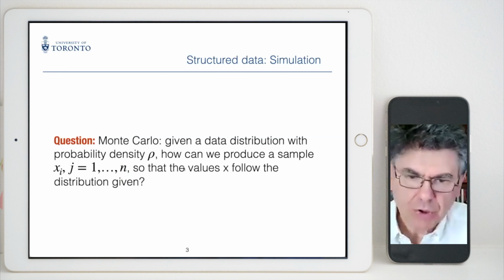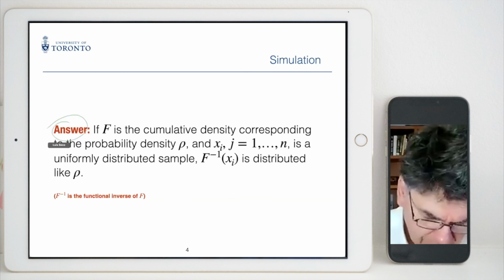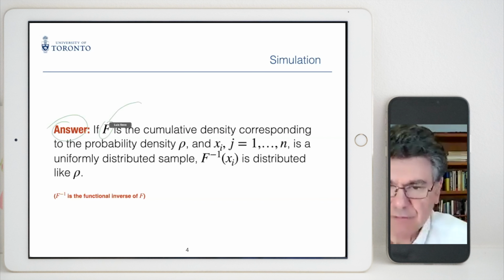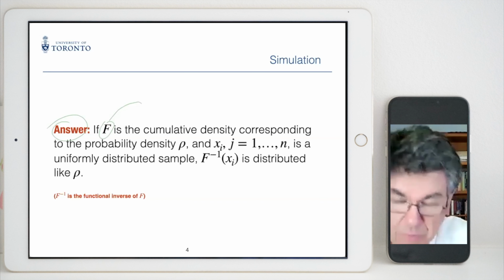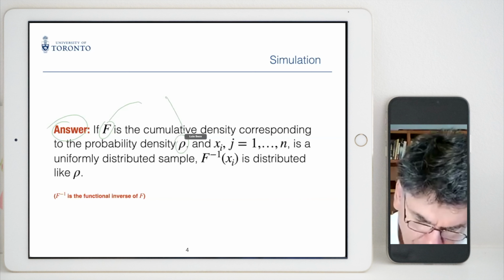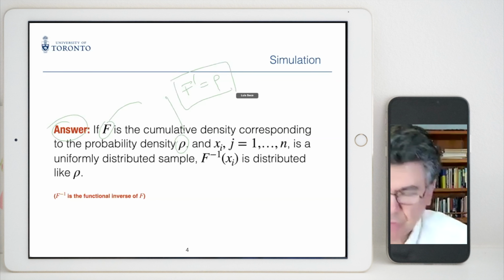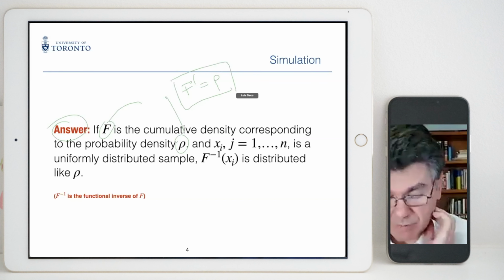So the way to do this is this one. This is the answer. If F is the cumulative distribution function corresponding to the probability given to us, and I remind you, F prime equals rho, that's the relationship between the cumulative distribution function and the density.